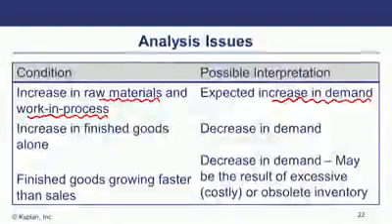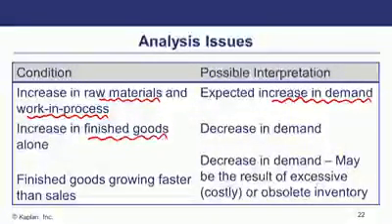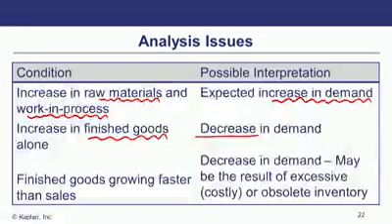An increase in only your finished goods, so your finished goods have gone up but raw materials and work in progress haven't, could be an indication of decrease in demand for finished goods. In other words, essentially the reason our finished goods have gone up is because we can't sell them. Now again, that would indicate that maybe we need to be considering potential write-downs as well. Maybe there are write-downs that haven't been recorded in the financial statements.